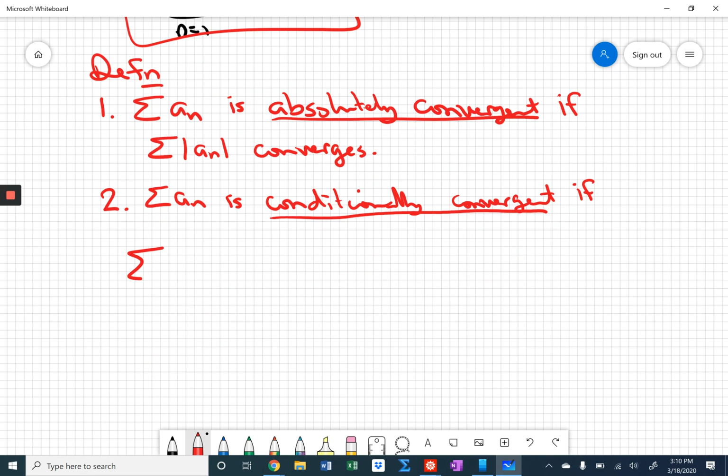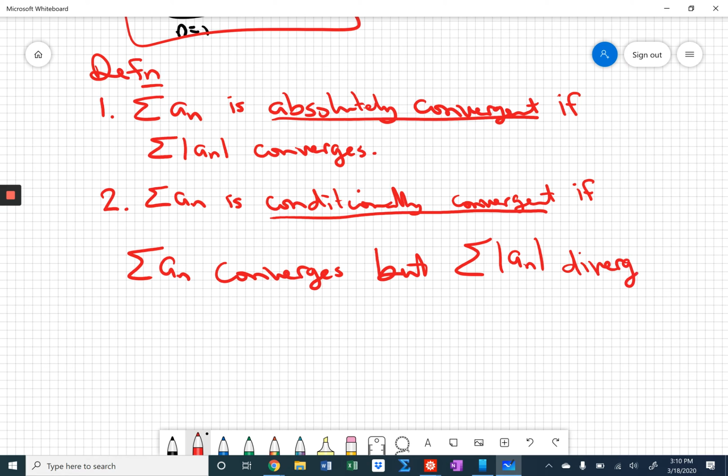If the series a sub n converges, but the series formed by the absolute value of its terms diverges. So there are two different types of convergence here: absolute convergence and conditional convergence, or something being absolutely convergent or conditionally convergent.